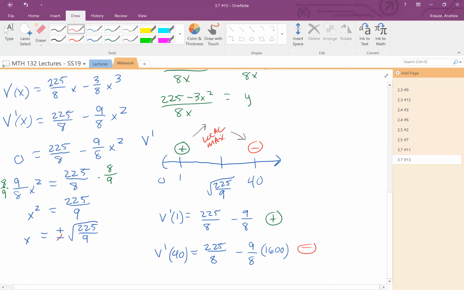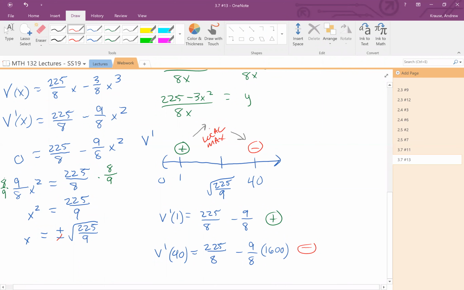We can actually extend the reasoning here. This is, in fact, our absolute maximum because we've actually considered the entire domain here.